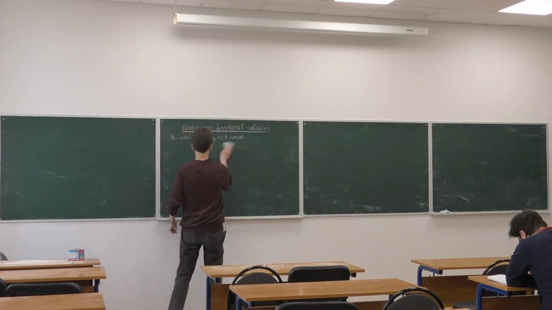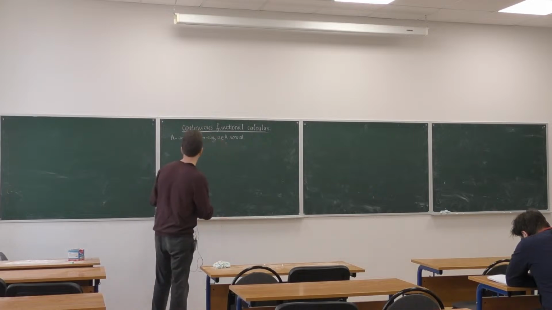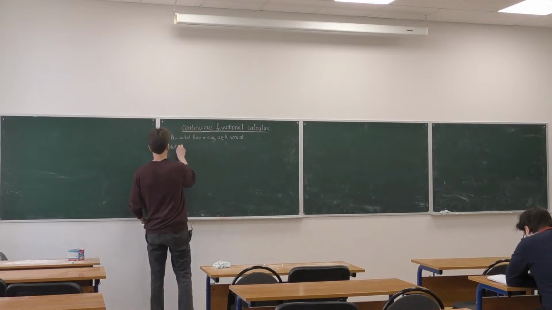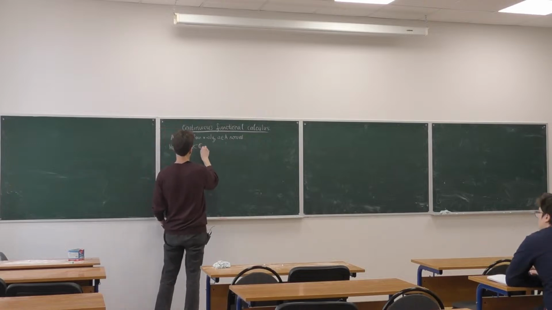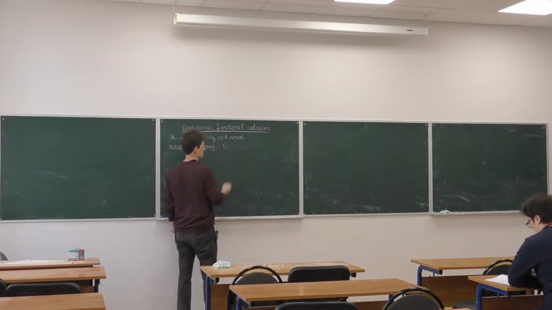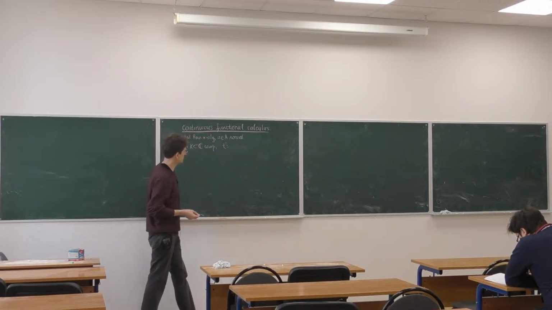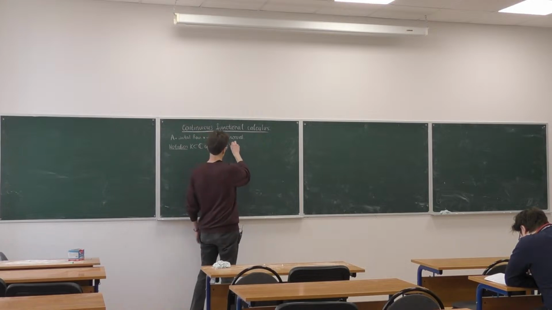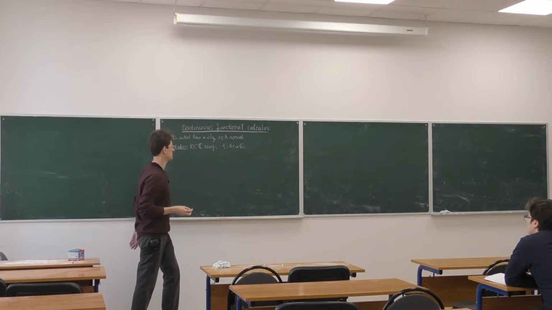Well, let's introduce some notation. Suppose we have a compact subset K of the complex plane, and let little t denote the standard coordinate on K, that is, just the inclusion map of K into the complex plane.